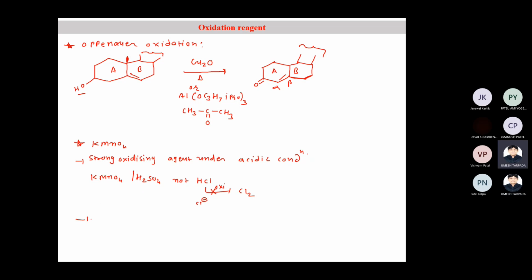Like, suppose this type of compound is there. In order to oxidize this methyl group, the methyl group gets converted to COOH. Methyl group gets oxidized to COOH.